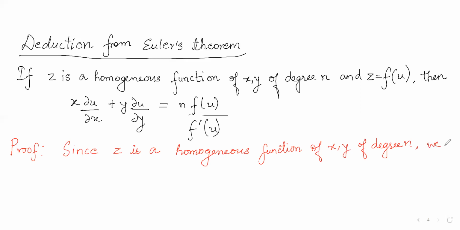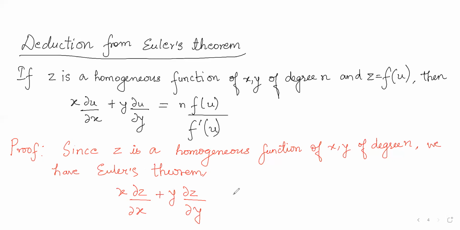We have Euler's theorem, so we can write that x del z by del x plus y del z by del y is equals to n z.